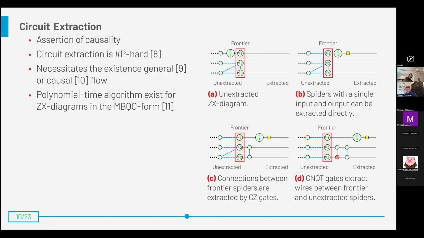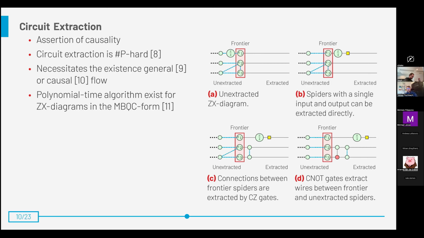However, if we think about the reverse, it's actually the assertion of causality. When we think about it, a quantum circuit has a clear execution order of the quantum gates. So we have a clear flow of time. However, if you look at a ZX diagram, it's not that obvious to introduce some order there. And therefore circuit extraction is needed, which is in general #P-hard.